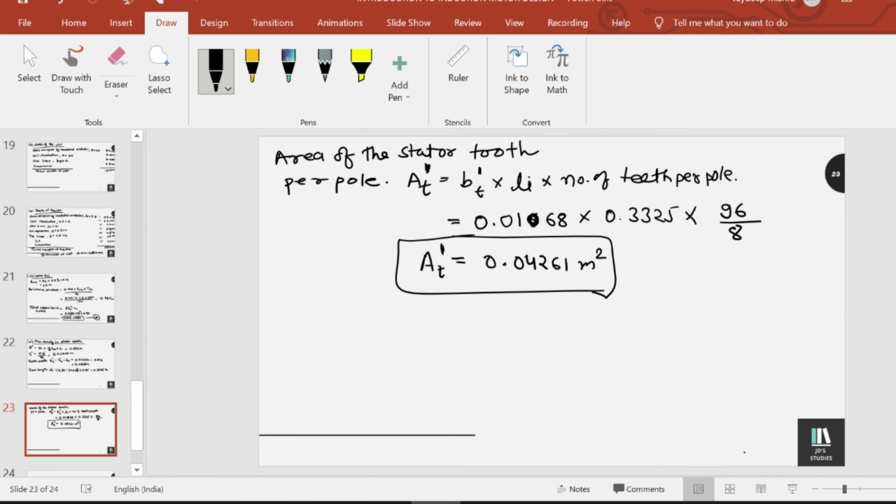Okay, now the mean flux density in stator tooth, B dash T, is equal to phi upon A dash T. What is the value of phi? 0.051, divided by 0.04261, we will get 1.10 Tesla.